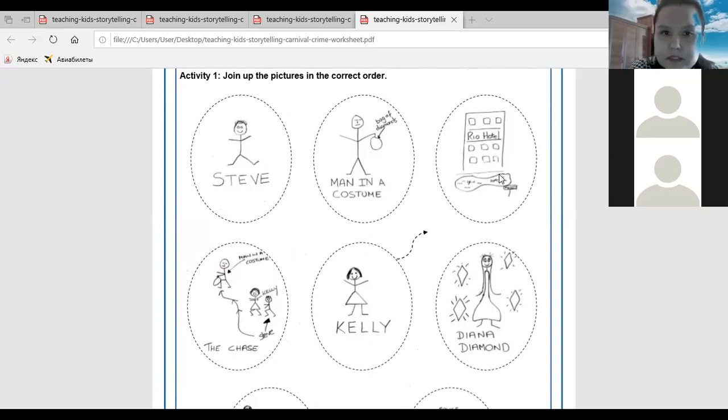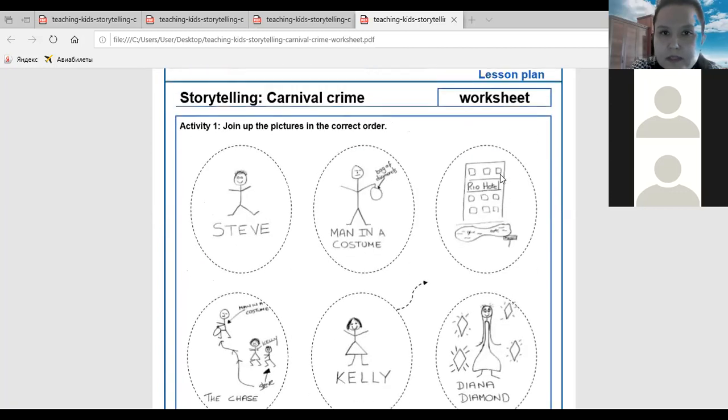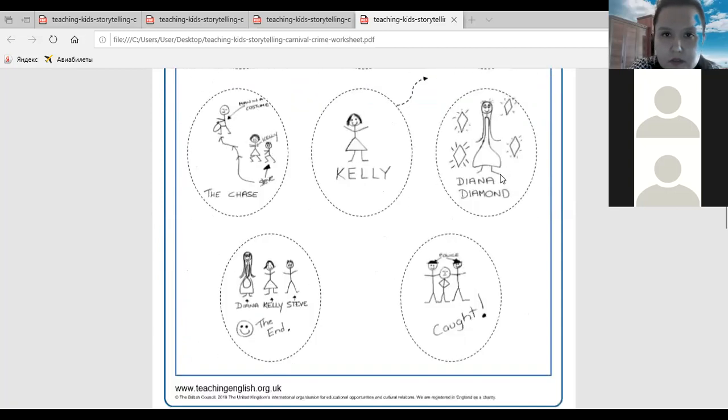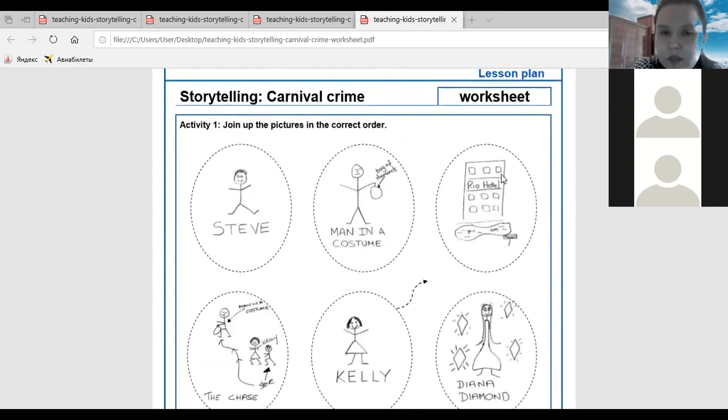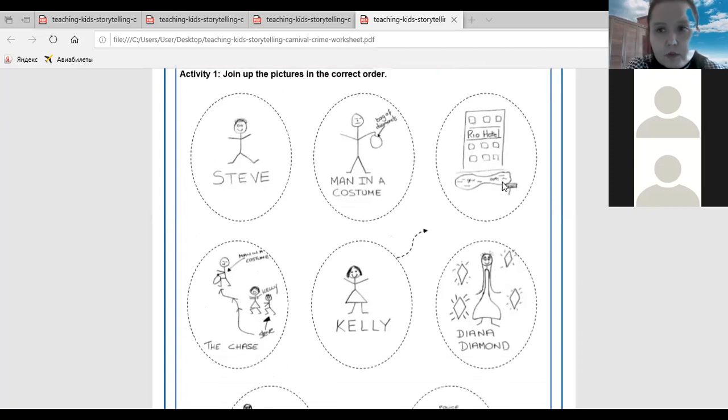For example, Steve, you can use them as a visual aid, like a flashcard or a handout. So it's our first activity. Who can put them in the correct order, and you will make up a story.